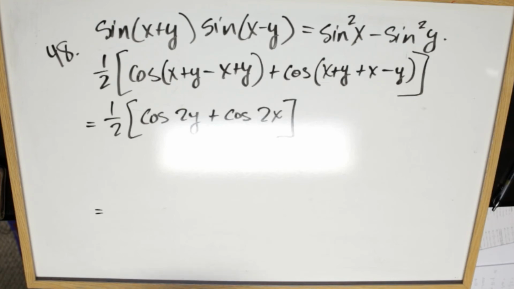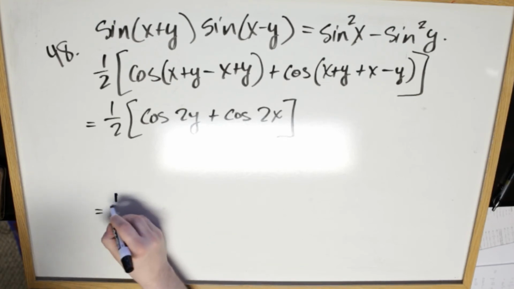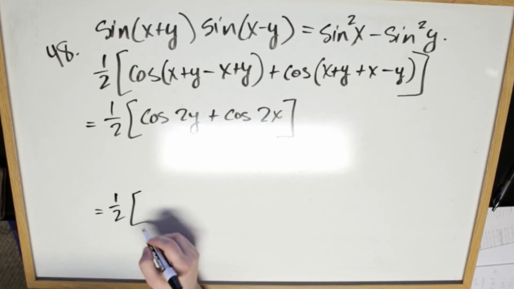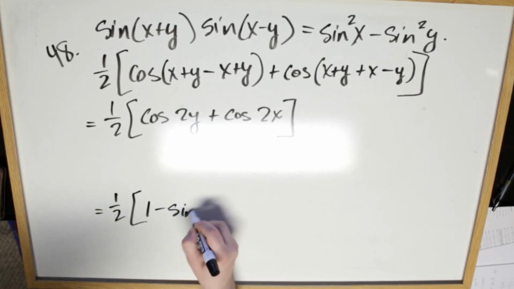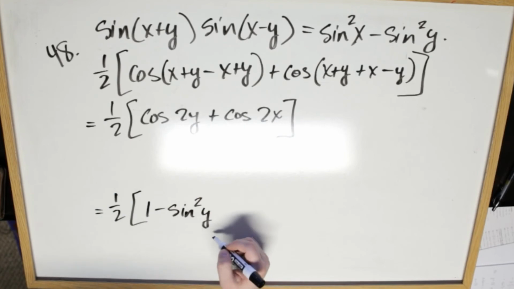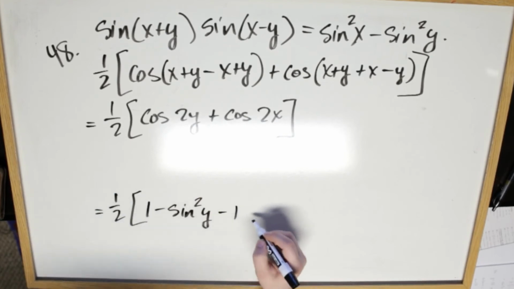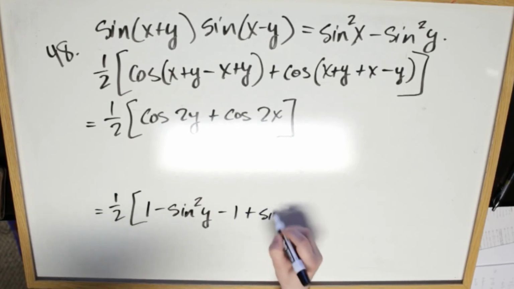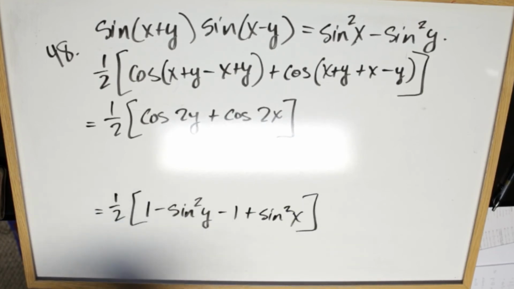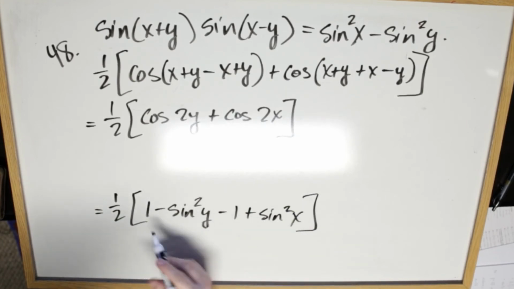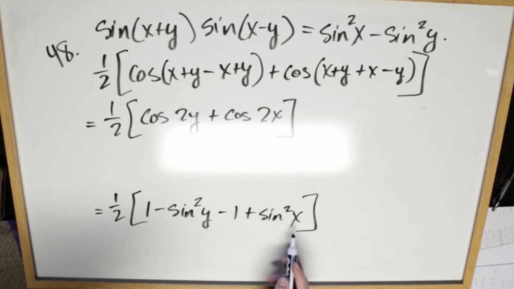All right, so this is going to be 1/2 times 1 minus sine squared y minus 1 plus sine squared x. Okay? And sure enough, look what happens. The 1's cancel. I'm left with sine squared x minus... Oh, sorry, this is 2.